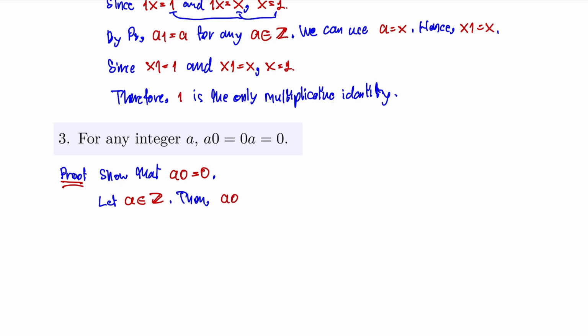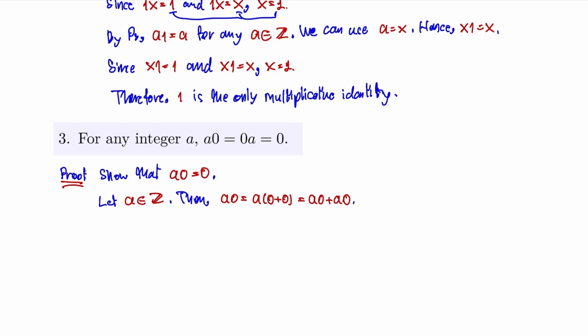Let's start with a0. If we have a0, we could have a times 0 plus 0, which turns out to be a0 plus a0.